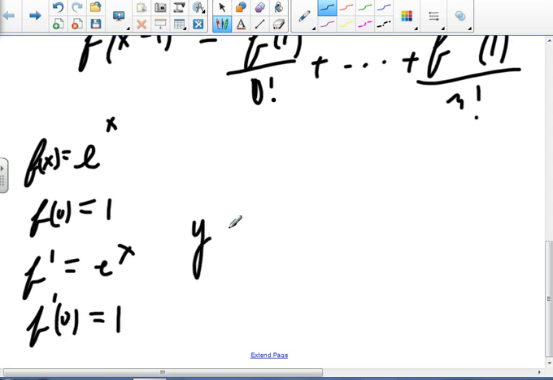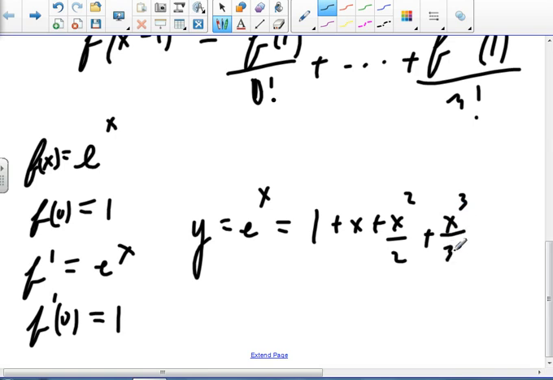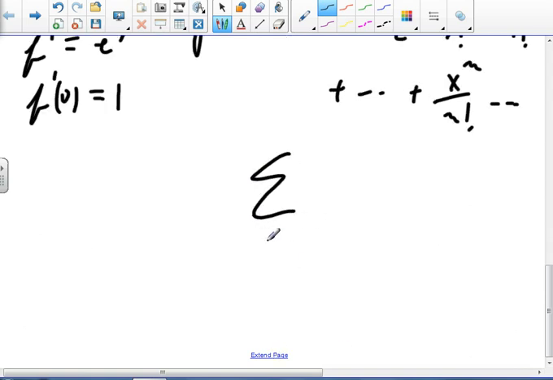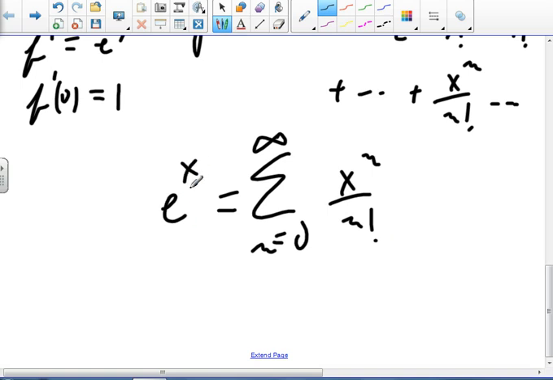So if y is equal to e to the x, then its series expansion is going to be 1 plus x plus x squared over 2 plus x cubed over 3 factorial plus x to the 4th over 4 factorial plus blah blah blah x to the n over n factorial blah blah blah. Or I could say summation n equals 0 to infinity x to the n over n factorial. I could write it that way as my series expansion of e to the x.